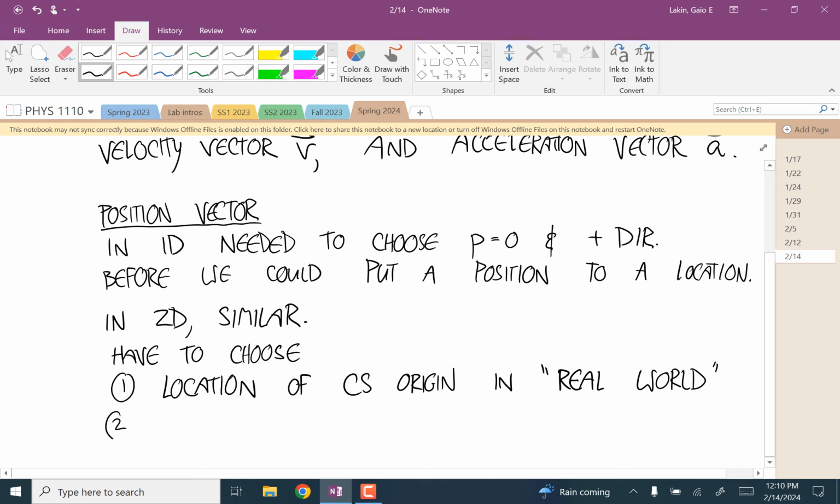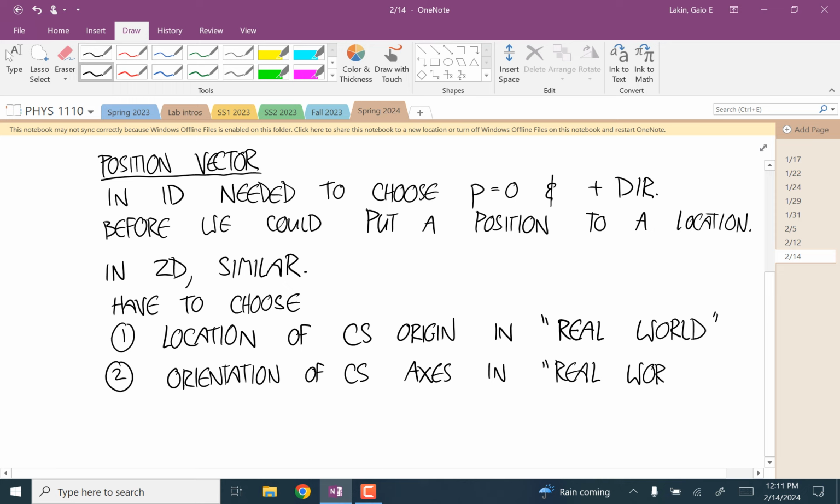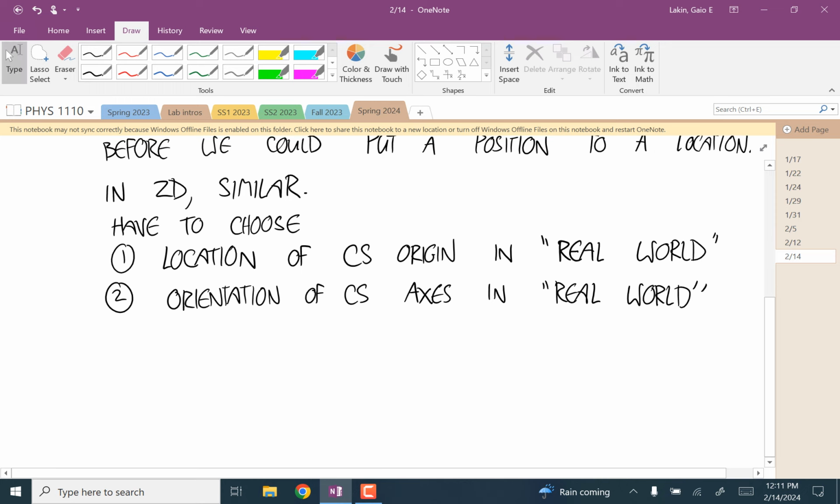And second, you have to choose an orientation of the coordinate axes in the real world.